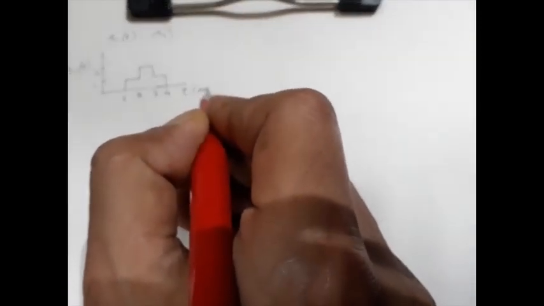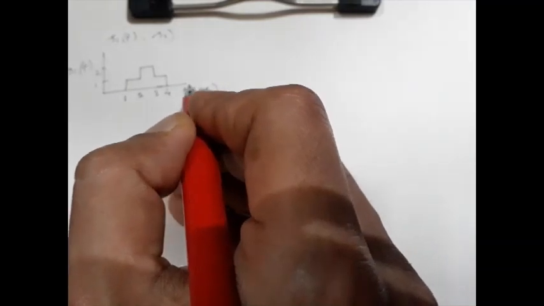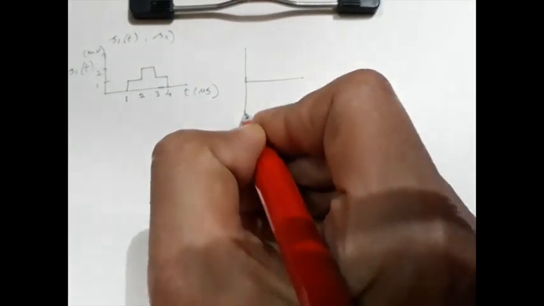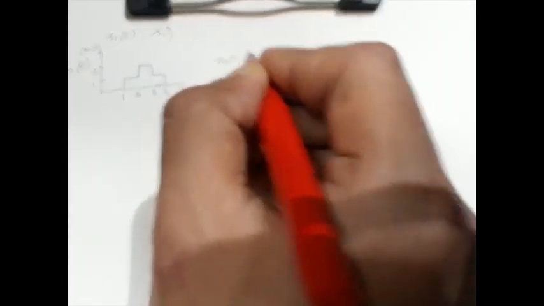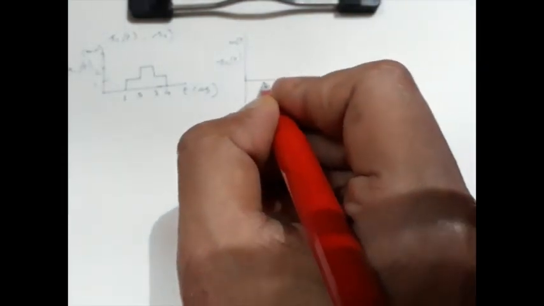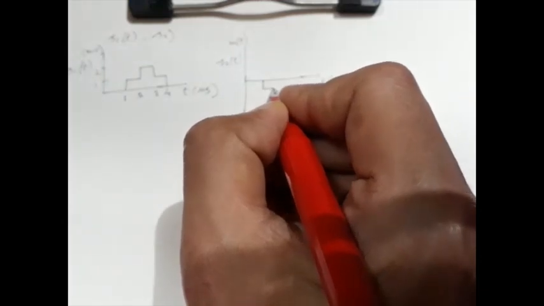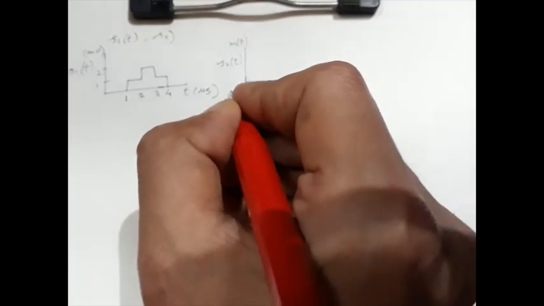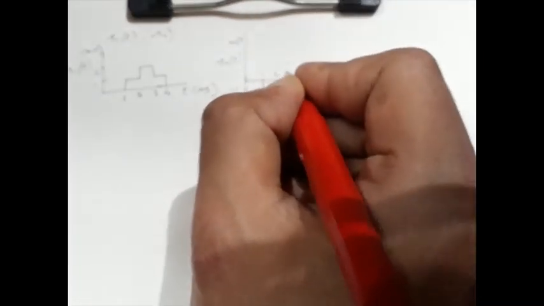T is in microseconds, and this one is in millivolts. For S2(t) we have the opposite polarity. So these are S1 and S2.